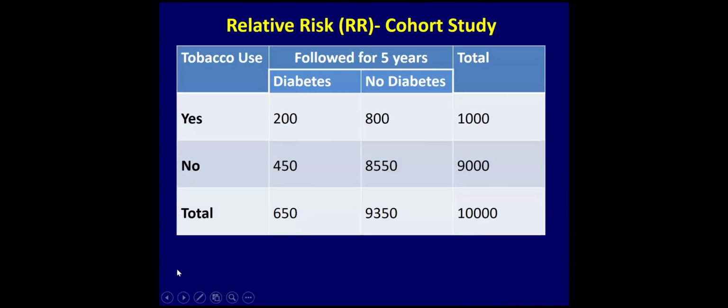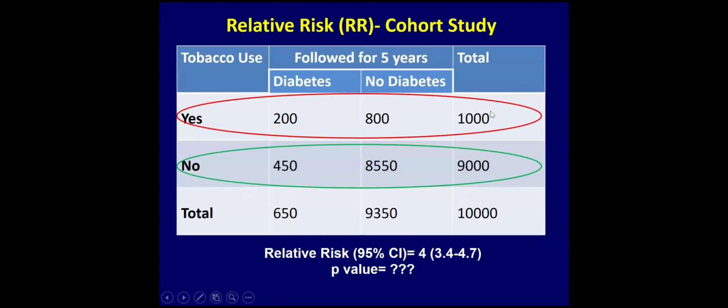Okay. So again, let us look into this. Say the same example. I'll calculate a relative risk, and the confidence interval is 3.4 to 4.7. What does it mean? What would be the p-value? Can someone tell me what would be the p-value?